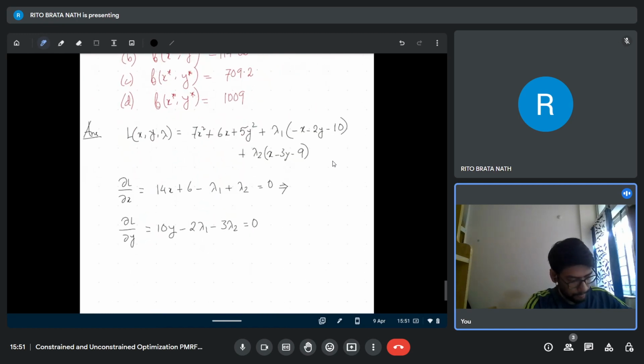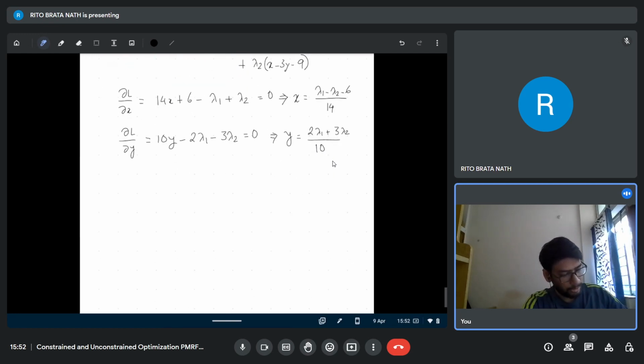So what you can write from here is that x is (lambda 1 minus lambda 2 minus 6) by 14. y is (2 lambda 1 plus 3 lambda 2) by 10.